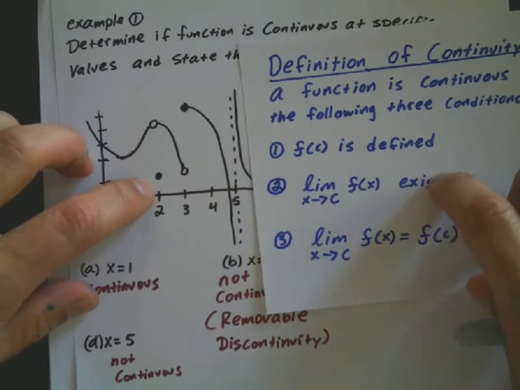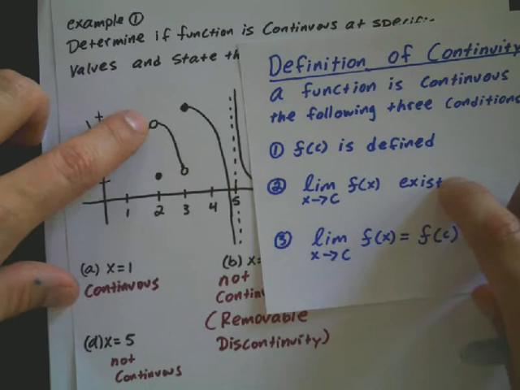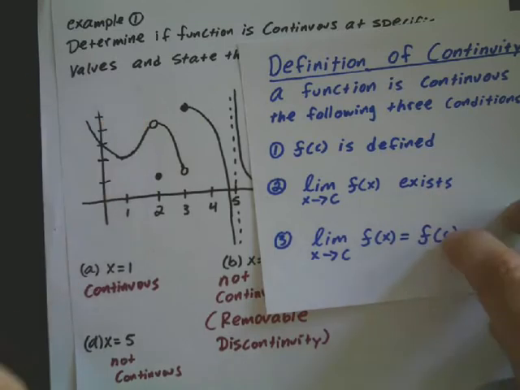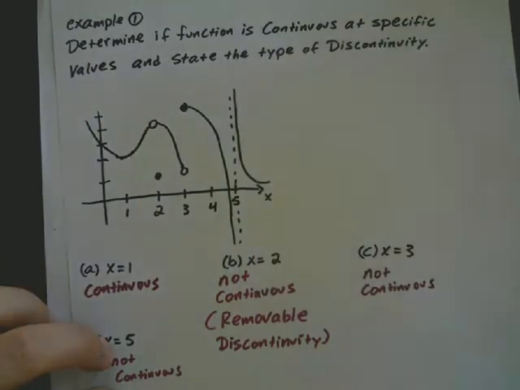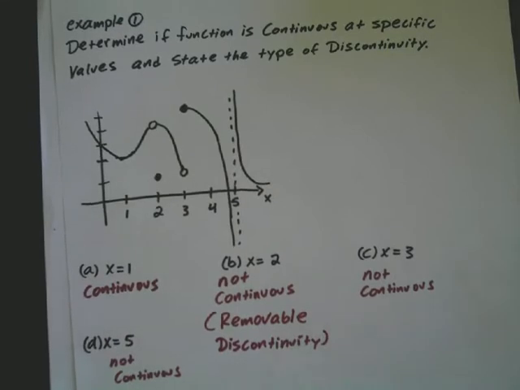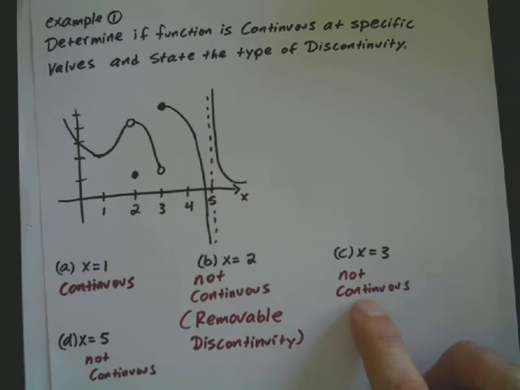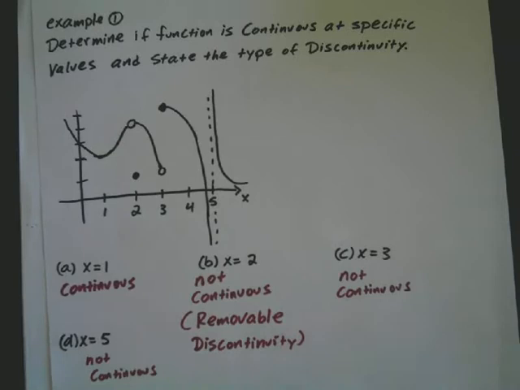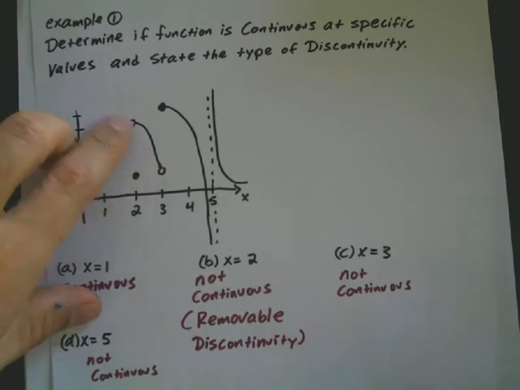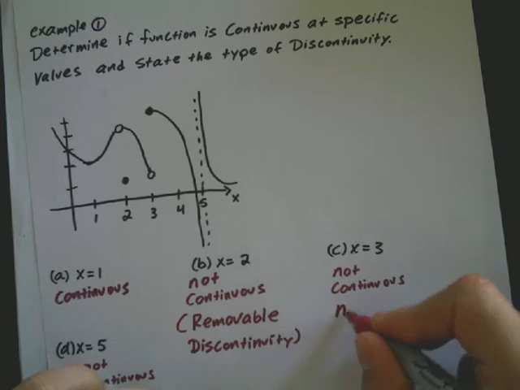If I were to find a way to fix this definition and put it back at the limit, then it would satisfy all three. So this is a removable discontinuity. It's the fixable type. This one over here is discontinuous because of the jump, and unfortunately we cannot fix jumps. There's no way to really do much with a jump. So this is going to be a non-removable discontinuity.